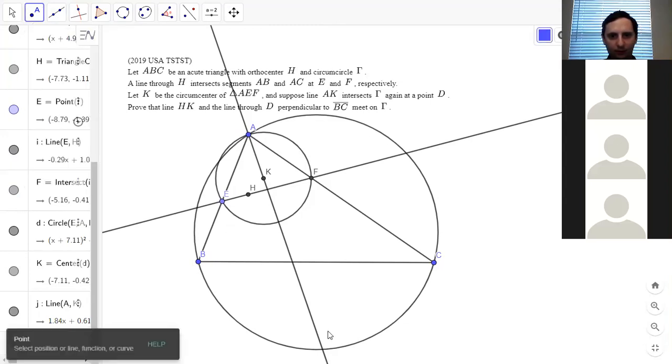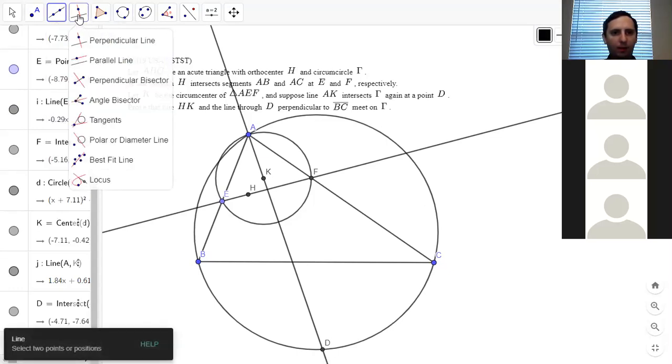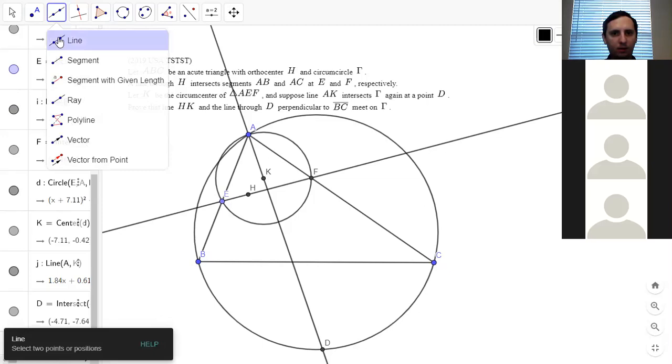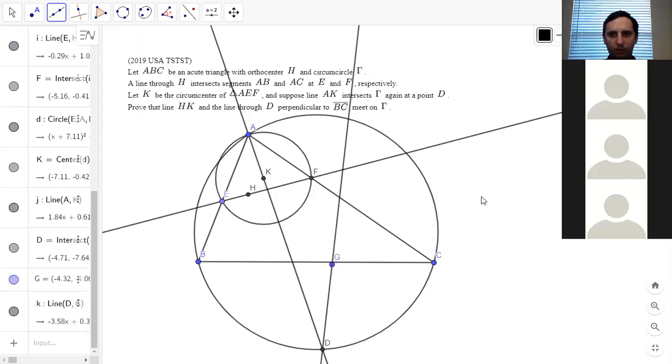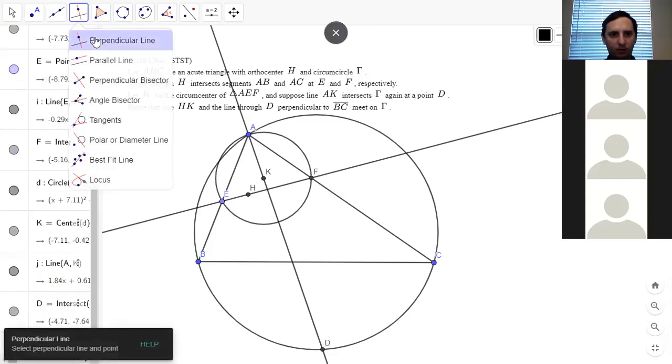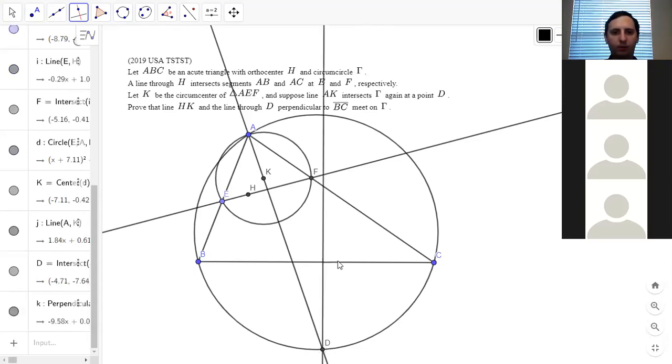So we want to show HK and the line through D perpendicular to BC meet on the circumcircle. That's interesting. So yeah, this is a very general fact.